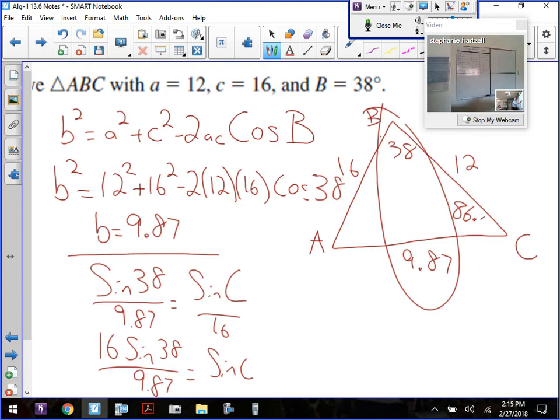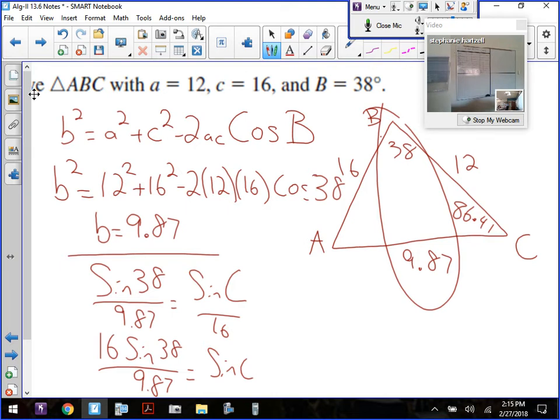How about this? I talked about this with first hour, and I know law of cosines can get cumbersome, but I just found a second angle in a triangle using law of sines. So what should I technically check right now? If there is the ambiguous case going on, because I do have that.